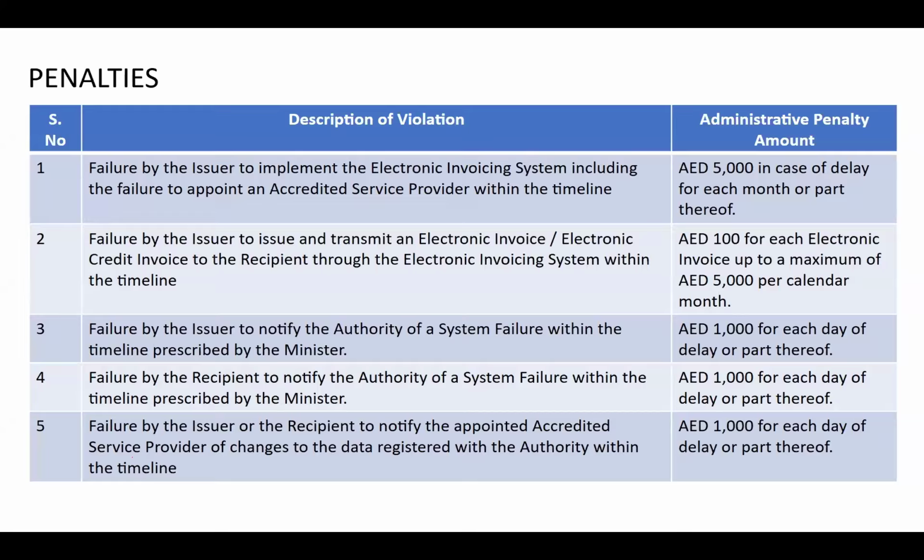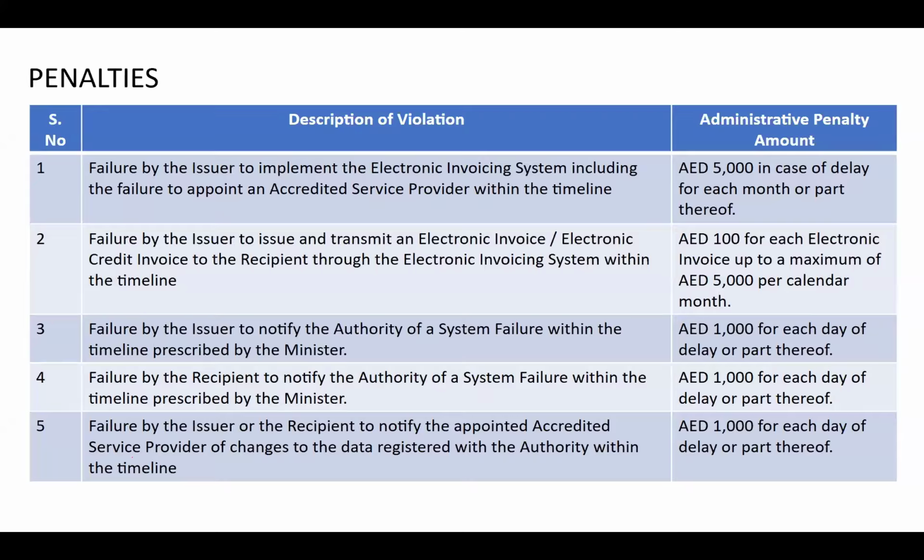So within 14 days, we have to issue an invoice. And if we fail to do this, the penalty is 100 dirhams for each invoice up to the maximum of 5,000 dirhams per month. So say for example, if we miss 60 invoices or credit notes for the month, then the maximum penalty for us will be 5,000 dirhams, not 6,000 dirhams.